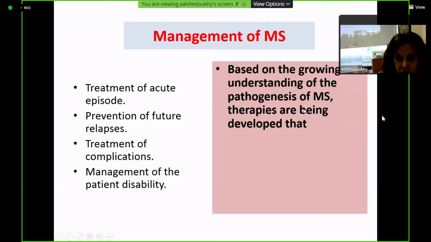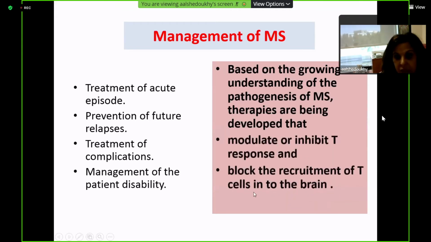Based on the growing understanding of the pathogenesis of MS, therapies are being developed which will modulate and inhibit the T cell response and block the recruitment of T cells. As I told you.